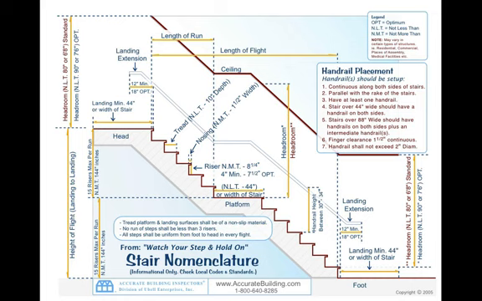Yeah. Exactly. So the riser, right, which we talked about, does have minimums and maximums of height. Those minimums and maximums are not things that I'm going to make you memorize, but they are different if you're in commercial stairs or if you're in residential stairs, right? Residential stairs can be steeper, less people using them, therefore they can be steeper.